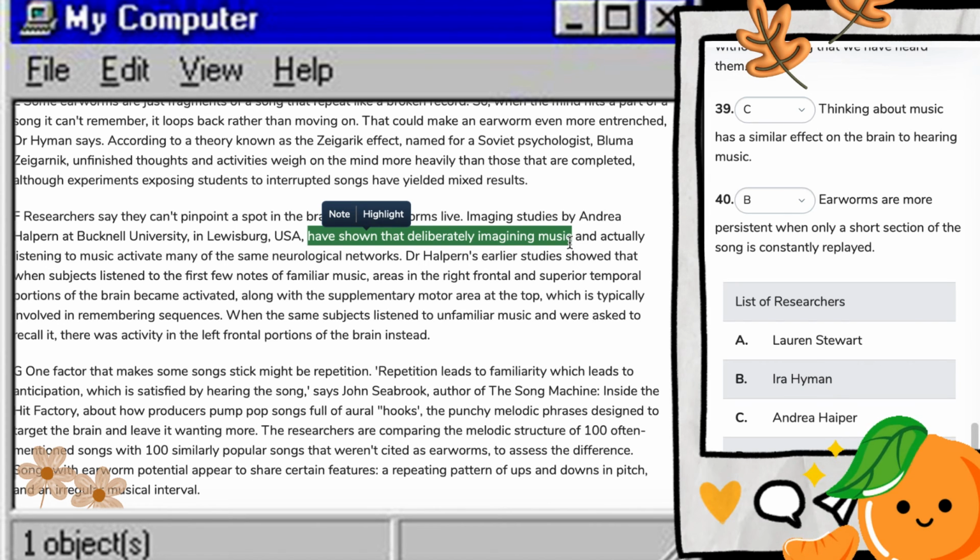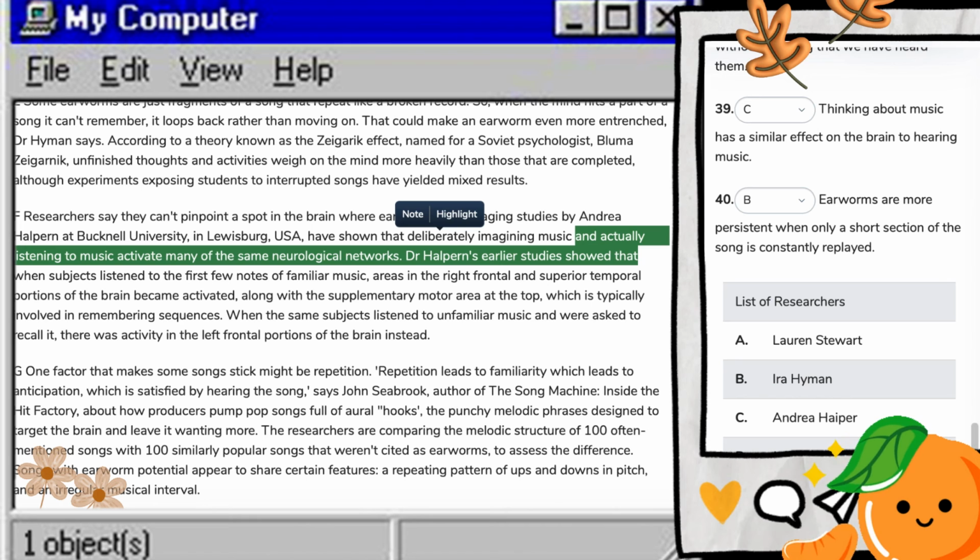You just imagine in your head. You don't actually listen to music. It's just in your head, just a thought. So, thinking about music has a similar effect on the brain to hearing music. And actually, listening to music activates many of the same neurological networks.